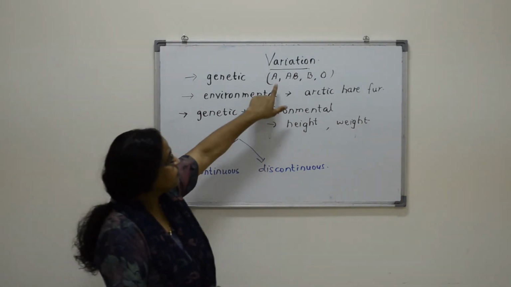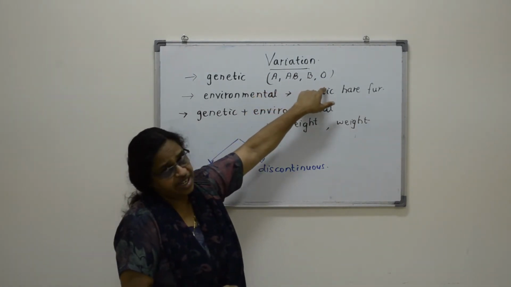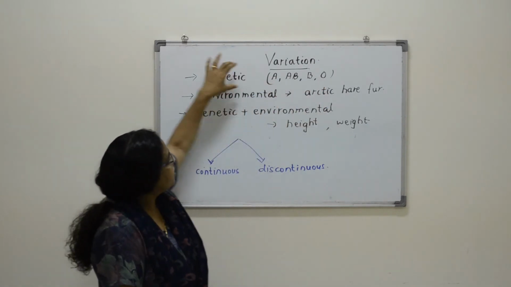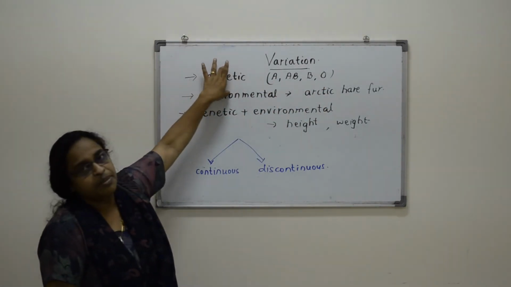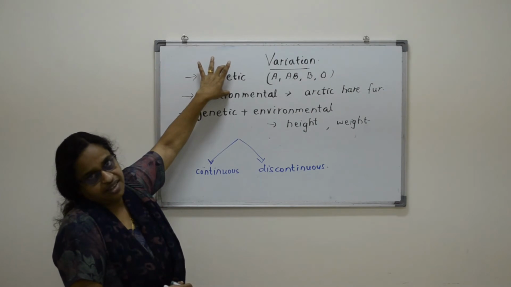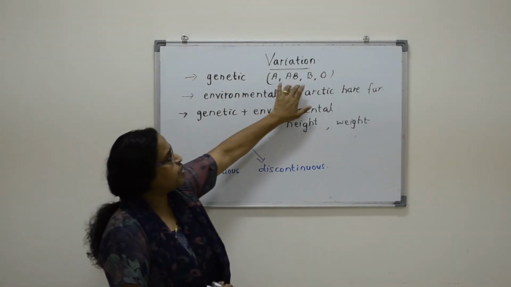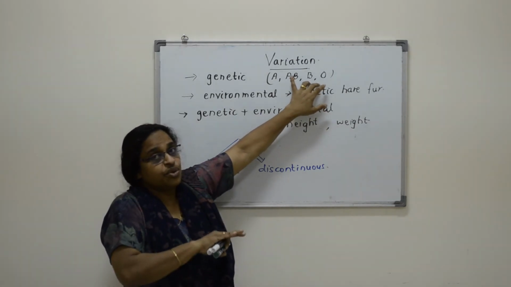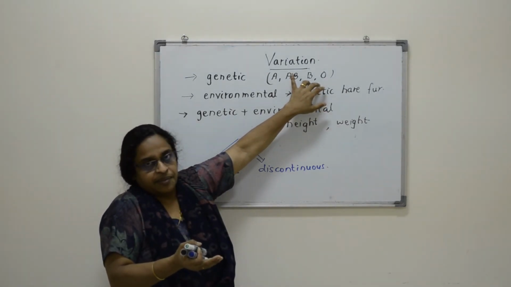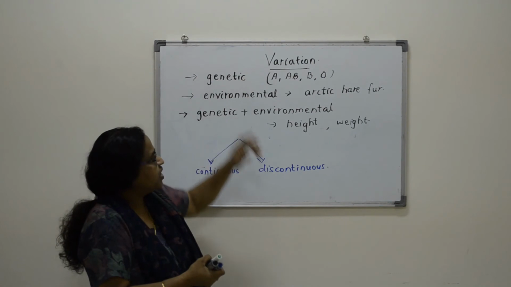See here, only 4 different kinds. And mostly because of genes only. So discontinuous variation means they have only a fixed number of variations. There is no overlapping, and it is because of genes only.